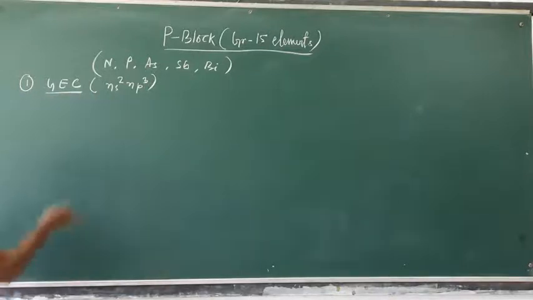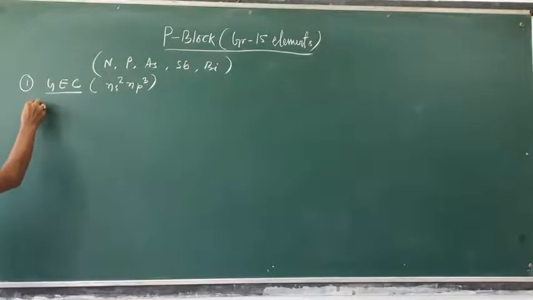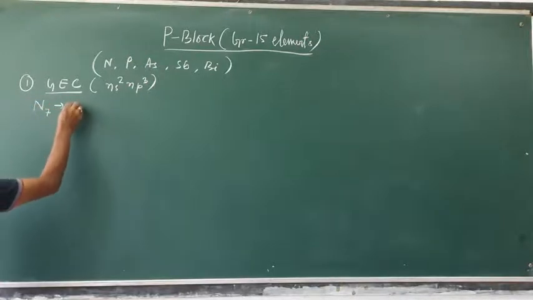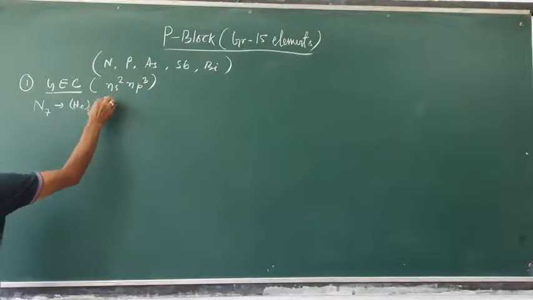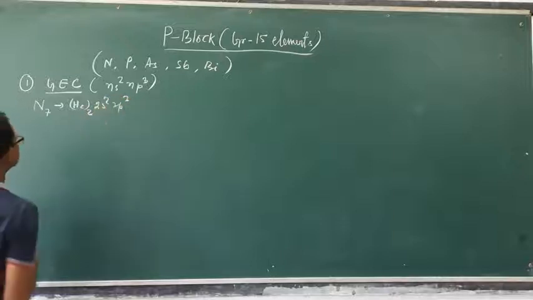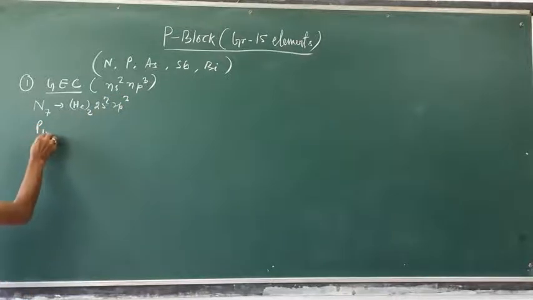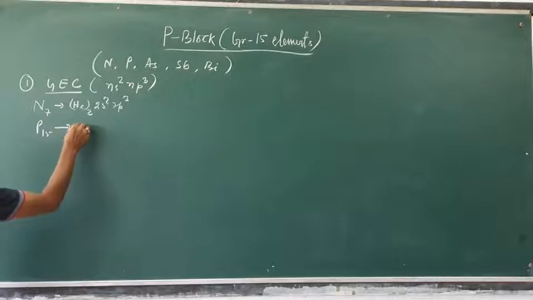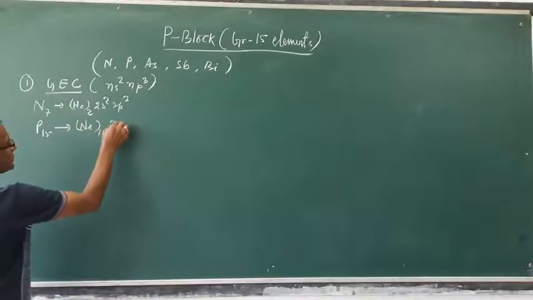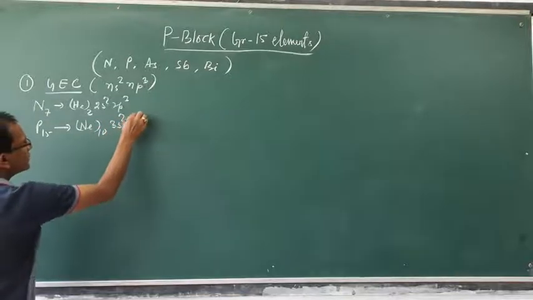So if you write it out, nitrogen, 7, is written as helium 2, 2s2, 2p3. Phosphorus, 15, can be written as neon 10, 3s2, 3p3.